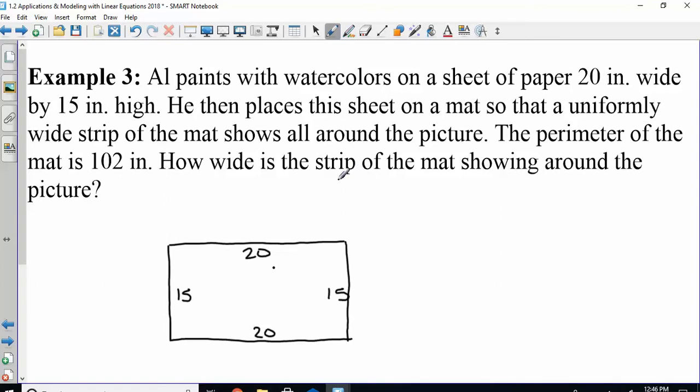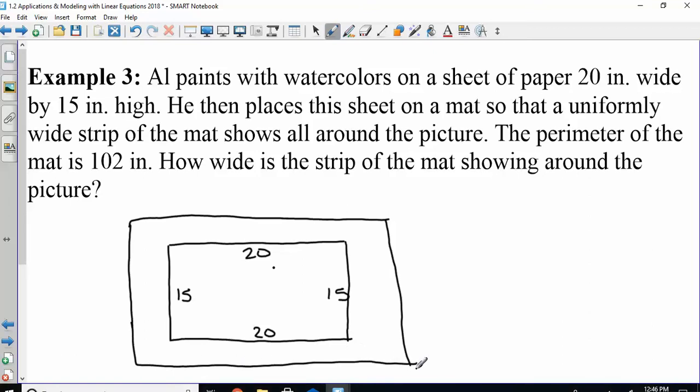He's taking this piece of paper and he's going to put a mat around it, except the mat is going to have the same amount showing along every part. So I need another rectangle behind this one. Hopefully you guys are better artists than I am.